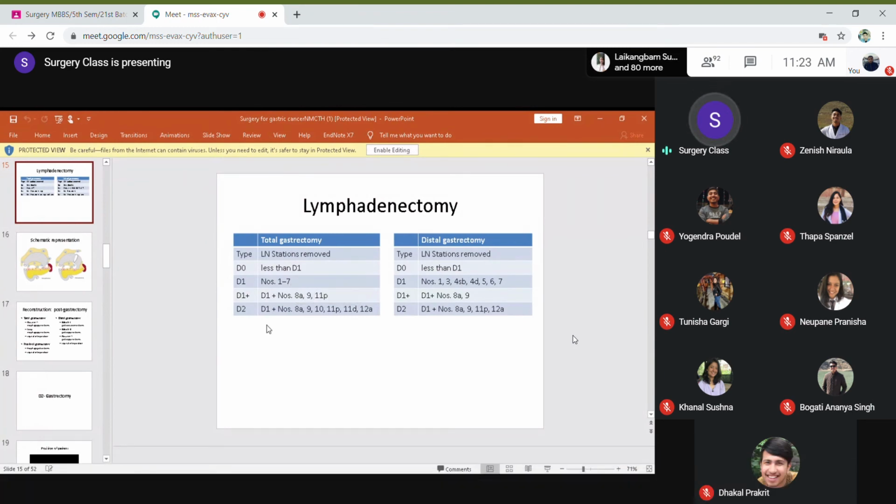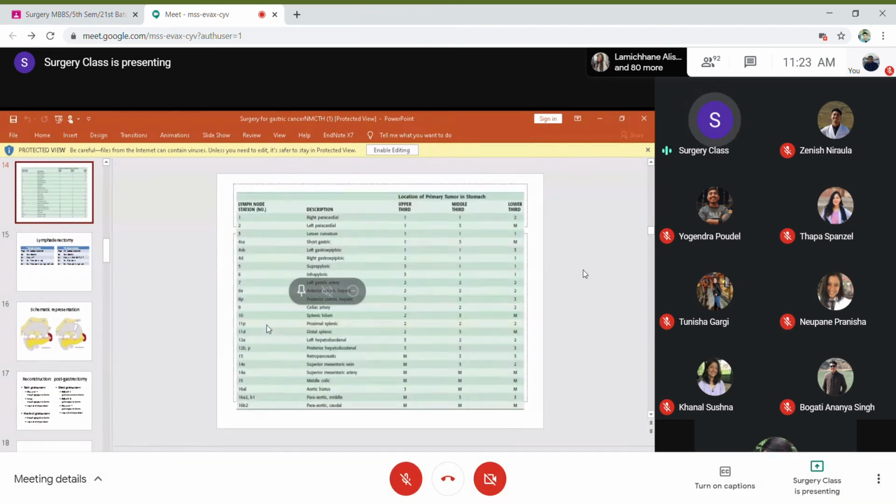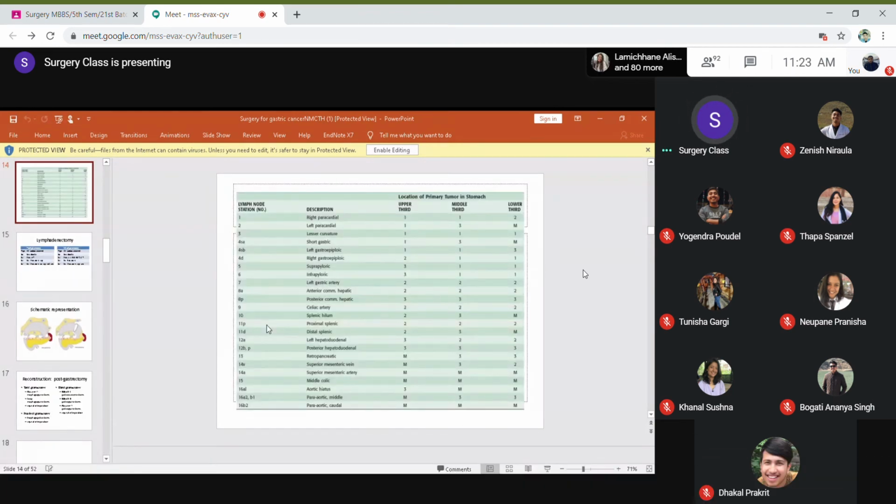So these are the lymph nodal stations which are removed for total. I have listed the lymph nodal stations here: 1, 2, 3, 4SA, 4SB, 4D, and then 5, 6, 7, 8A, 8P, 9, 10, 11P, 11D, 12A, 12B and P, 13, 14V and A, 15, 16. 16 is actually the para-aortic.